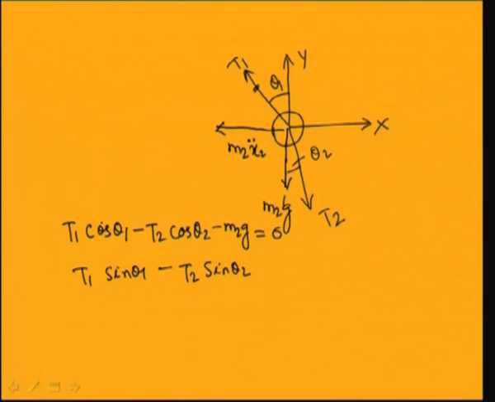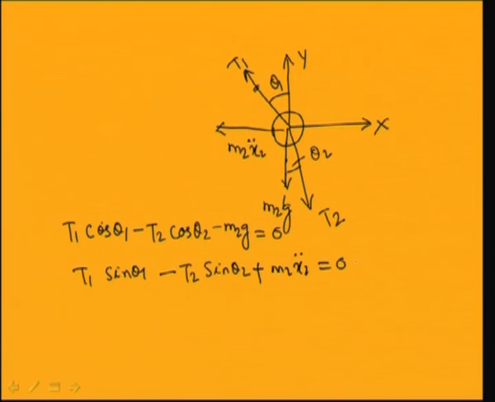I have taken this direction positive, so I can write this plus, this minus, and minus m2 x2 double dot equal to 0. In other words, if I take a negative sign, this becomes negative and this becomes positive: T1 sin theta 1 minus T2 sin theta 2 plus m2 x2 double dot equal to 0.